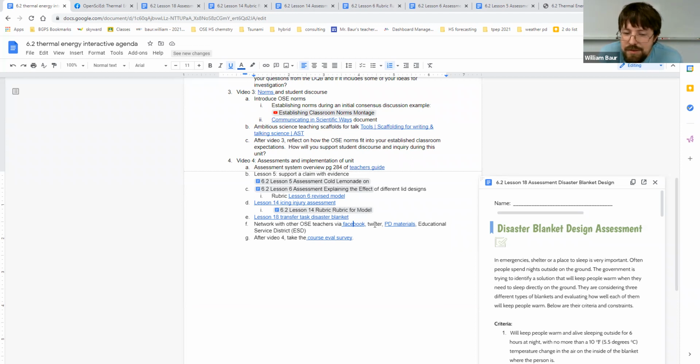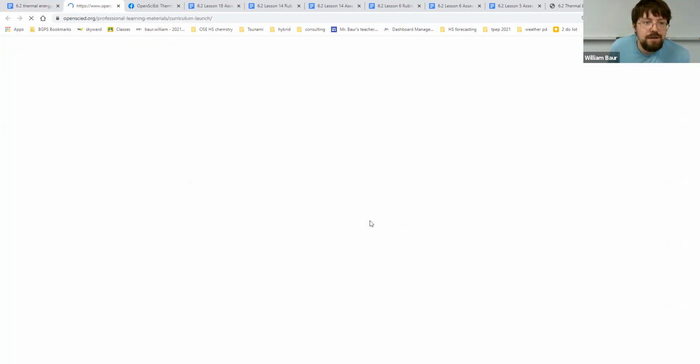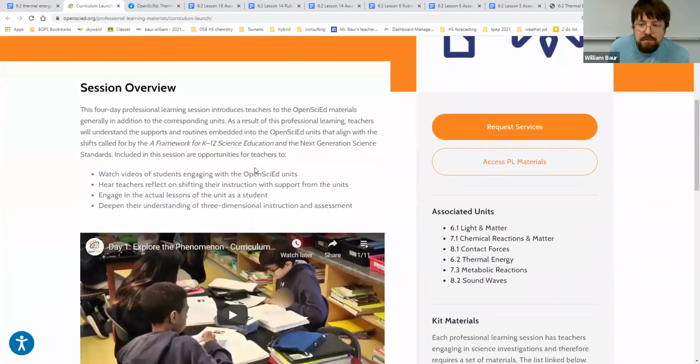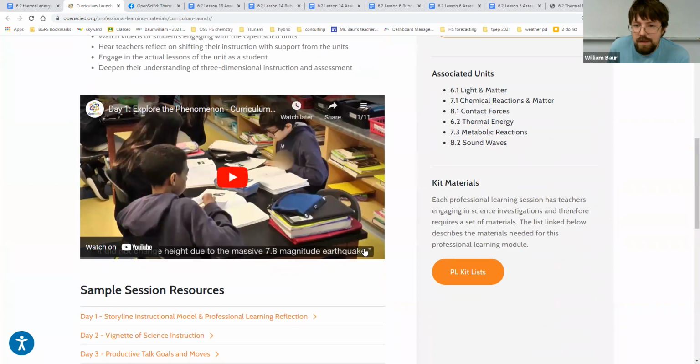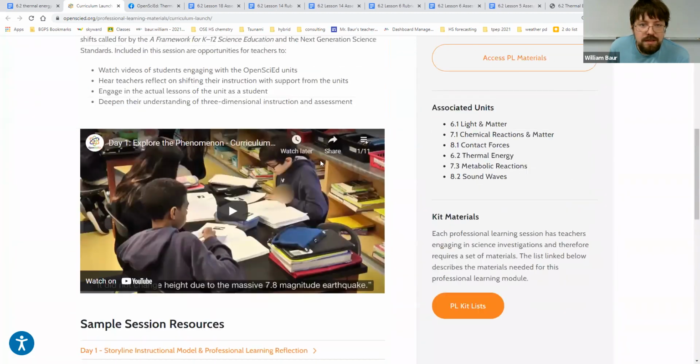So there are ways to connect with teachers on Twitter to increase your knowledge about the OpenSciEd units and look for new ideas. There's also a bunch of curriculum professional development on the OpenSciEd website.